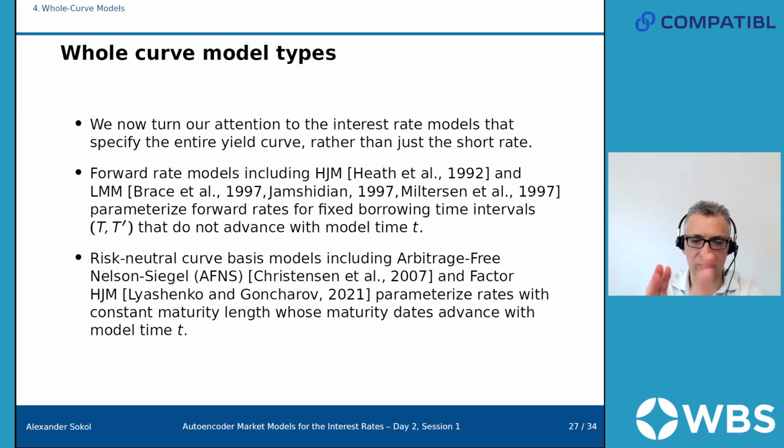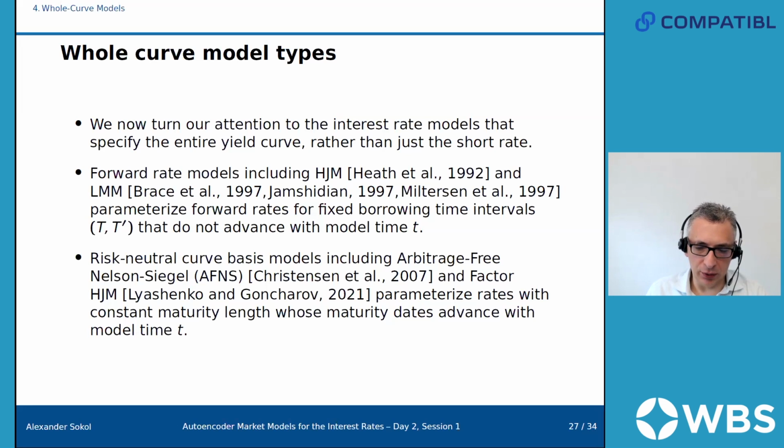So the state variables have limited time span, and new ones are added at the end. Curve basis models attempt to describe state variables that are rates with constant maturity with respect to model time. So as the model time advances, the maturity date also advances. The whole thing moves in parallel, and these state variables are never retired.